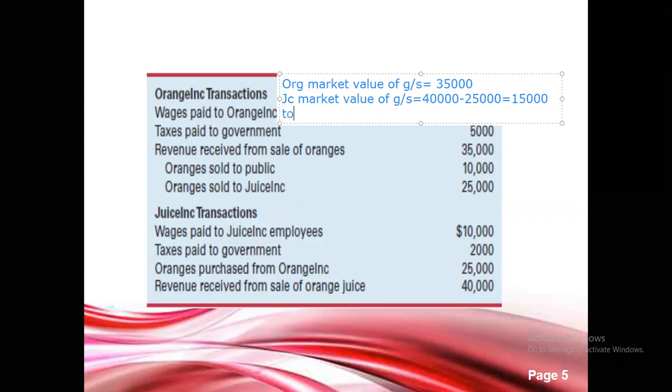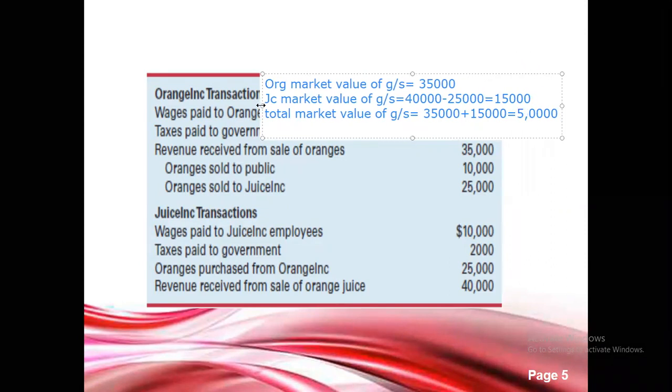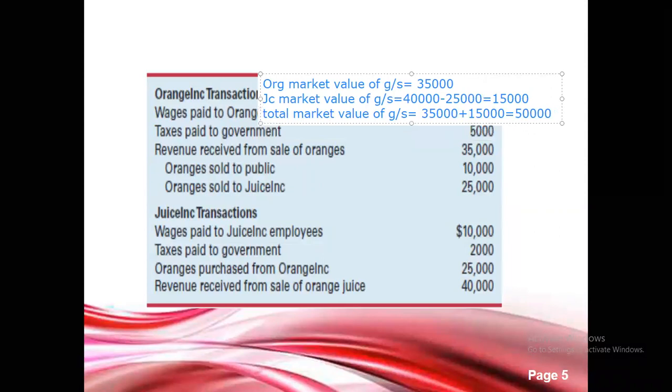The total market value of goods and services from the product approach is 35,000 plus 15,000, which is equal to 50,000, right? 50,000 is the total value added, right?